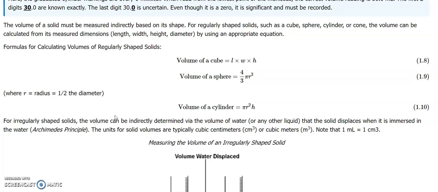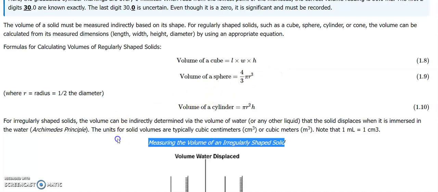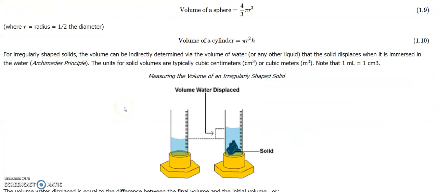The volume of a cube is L times W times H, and the volume of a sphere is 4/3 pi r cubed, where r is the radius, equal to half the diameter. The volume of a cylinder is pi r squared h. For an irregularly shaped solid, the volume can be indirectly determined via the volume of water or any other liquid that the solid displaces.